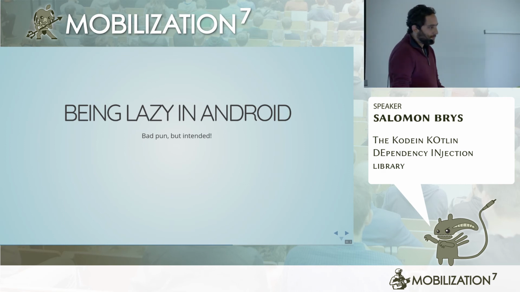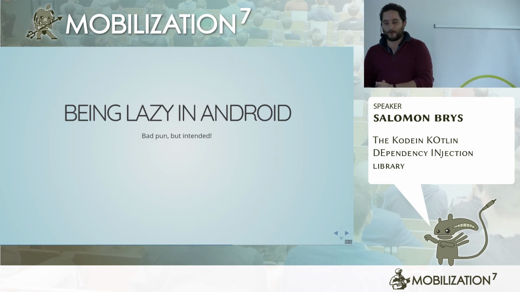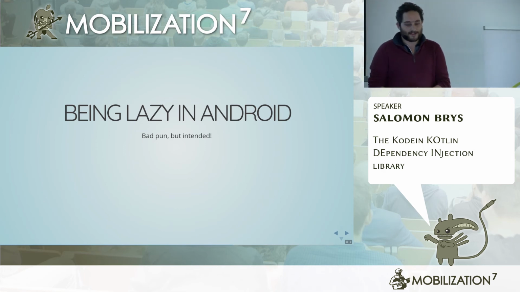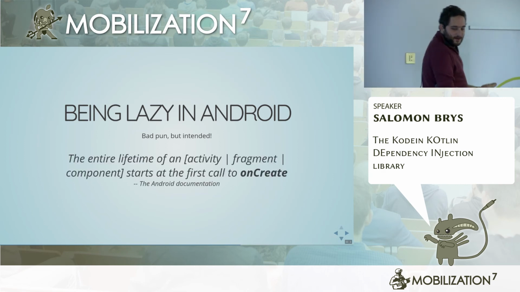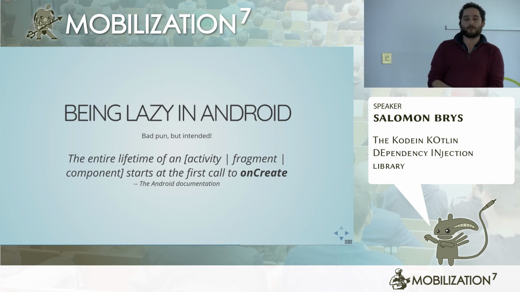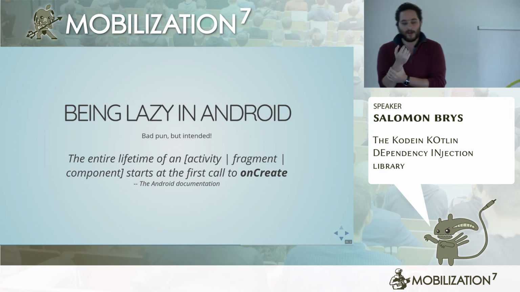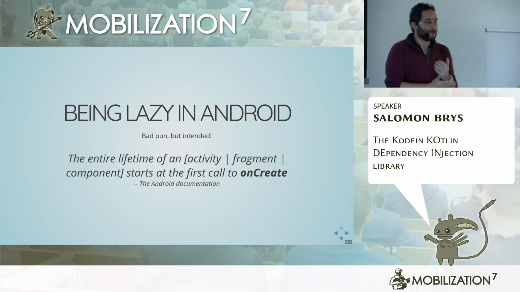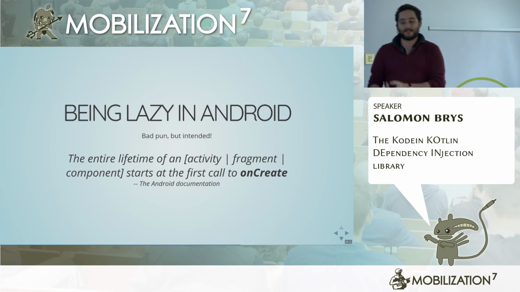Android has a problem, or more specifically, Android classes have a problem, and that problem is that an activity or fragment or component or what have you is not really initialized before onCreate. I don't know why the Android system team chose to do that, but when the constructor of your class is called, the class isn't really initialized.